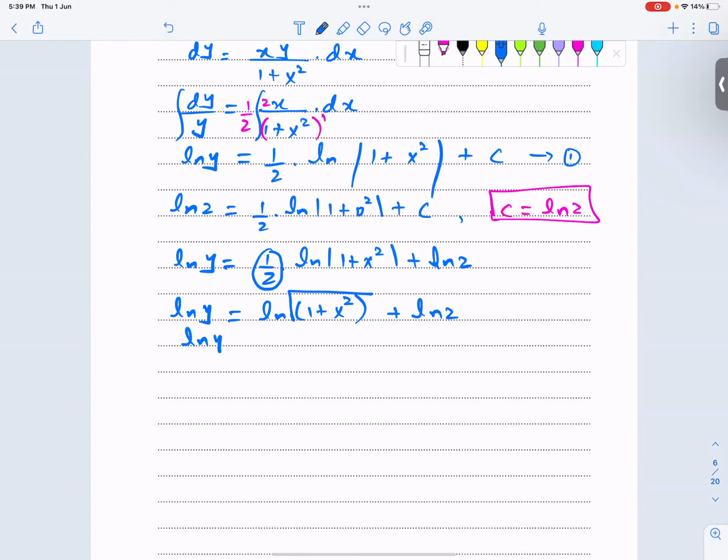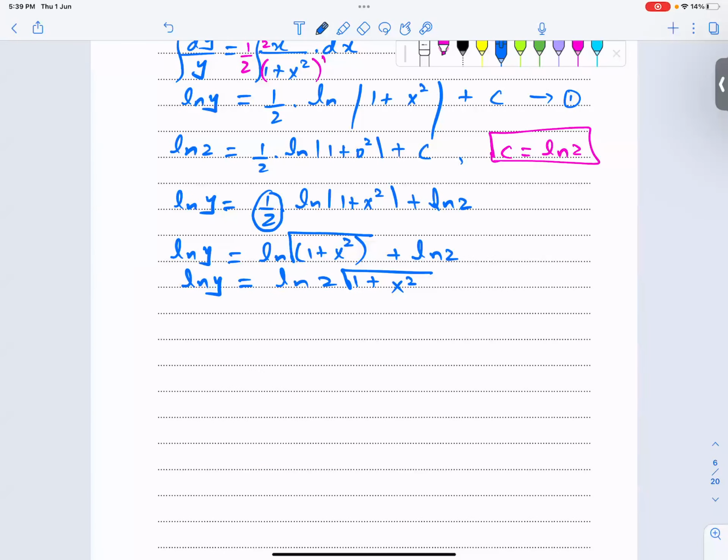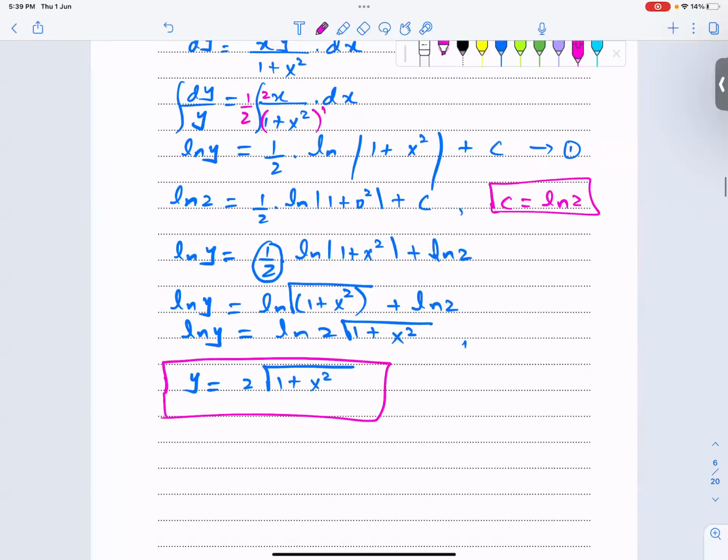Again, ln of y is equal to, the two logs are being added, so we can multiply them by using the property for ln. Whenever there are logs on both sides, we take the anti-log, so both the ln will cancel, so y will be 2 times the square root of 1 plus x square. So this was the answer for the above equation, okay? You can see that y is the subject.